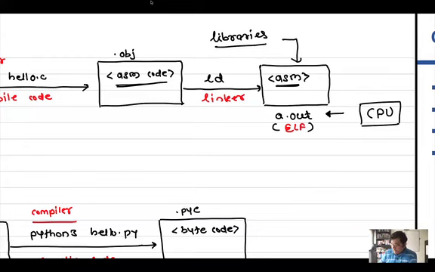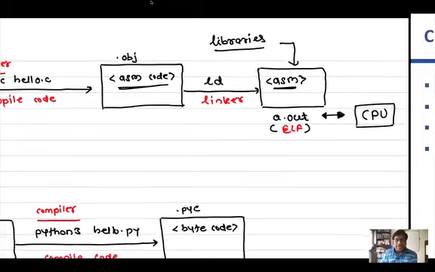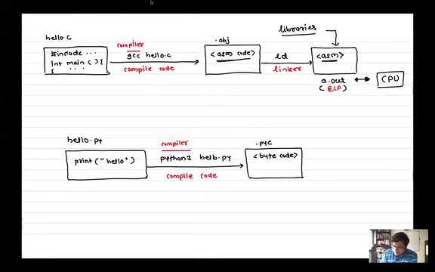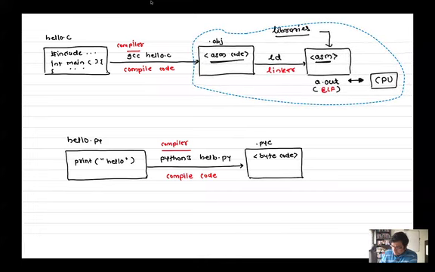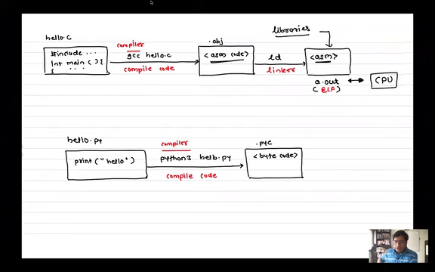So the CPU says, yeah, I can understand the assembly code, just pass it on, I'll execute it for you. So this is how the C code gets compiled to an executable, and this is how you can use that executable in order to see the output by using the CPU behind the scene. So the CPU is the one which is going to do the job.